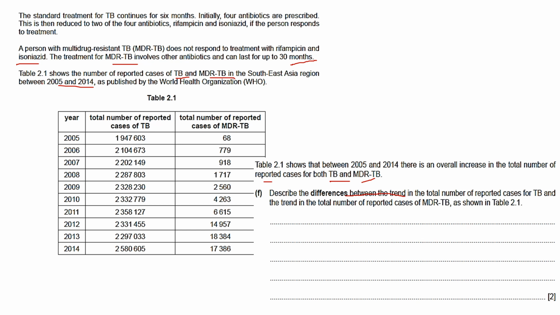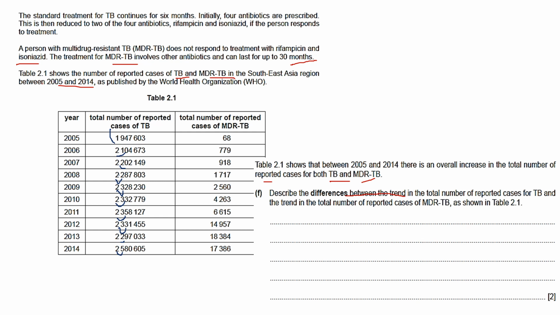If we look at this, so in 2005 we had, let's just say, 1.9 million cases, and then we had 2.1 million cases, 2.2, and again this is maybe approximately 2.3. This stays at 2.3, this is 2.3, this is maybe 2.4 if we approximate, 2.3 again, 2.3 again if we approximate, and then this is around 2.5.